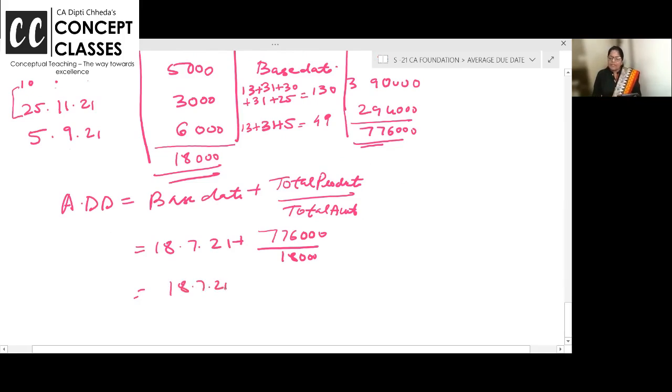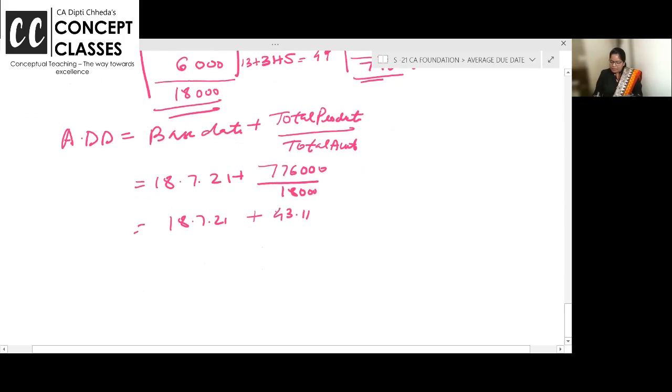18th July plus 43.11 days. 44 days you have to add. So how many days are there in July? 31 minus 18, so plus 13 days of July.